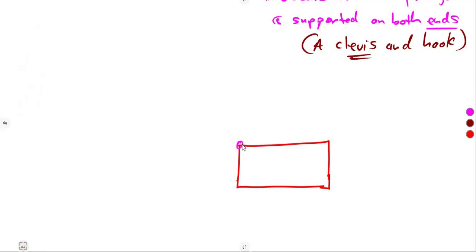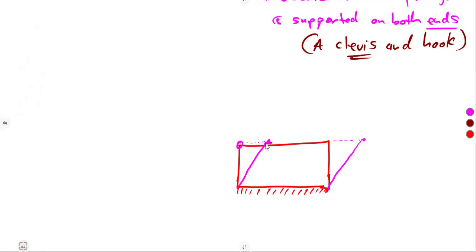We can have this part moving and having it somewhere here, where the base is fixed. It remains where it was. These are the conditions of a shear.